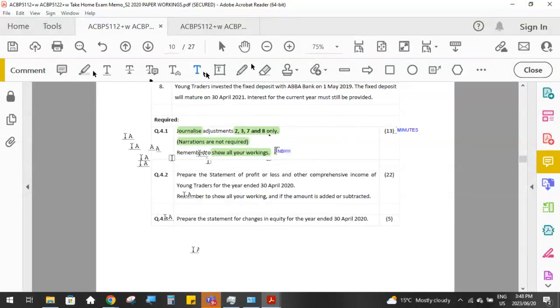So what do they mean by journalize? They say journalize adjustments 2, 3, 7, and 8 only. So that means, remember one of our 8 subsidiary journals, the general journal, not the general ledger, they want us to record those 4 transactions in the general journal.